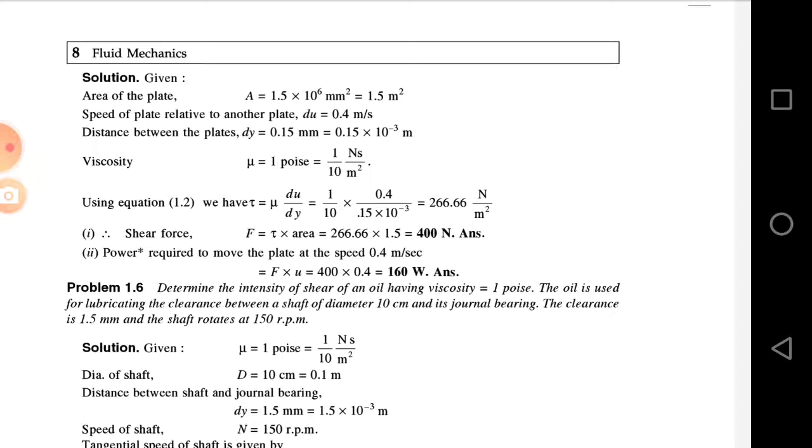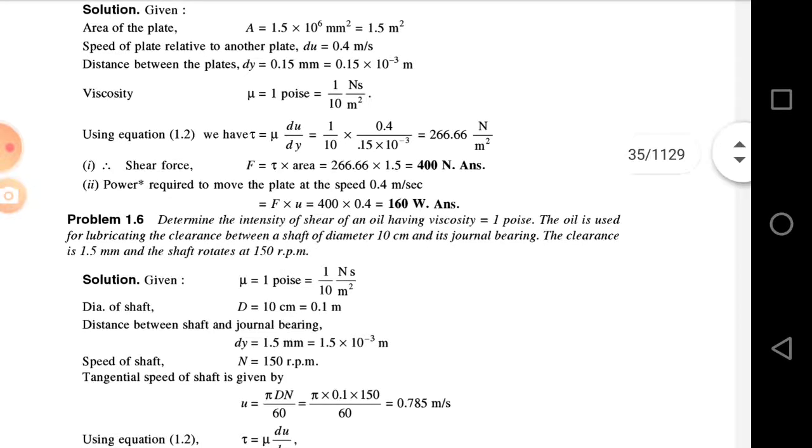Using the equation tau is equal to mu du by dy, you get shear stress 266.66 Newton per meter square. And force is shear stress into area, 400 Newton. Power required is force into velocity, F into U, 400 into 0.4, 160 watts.